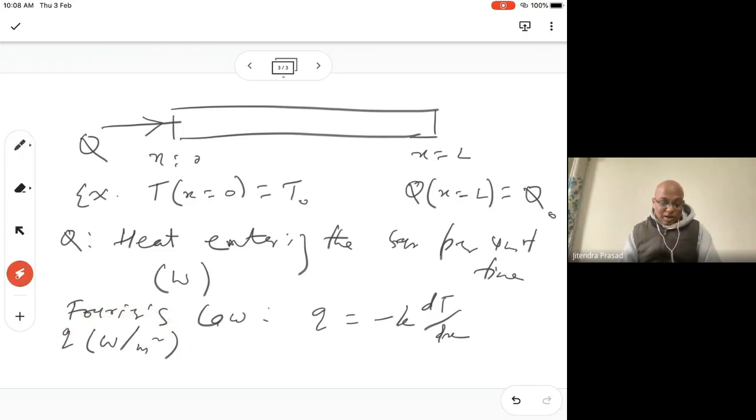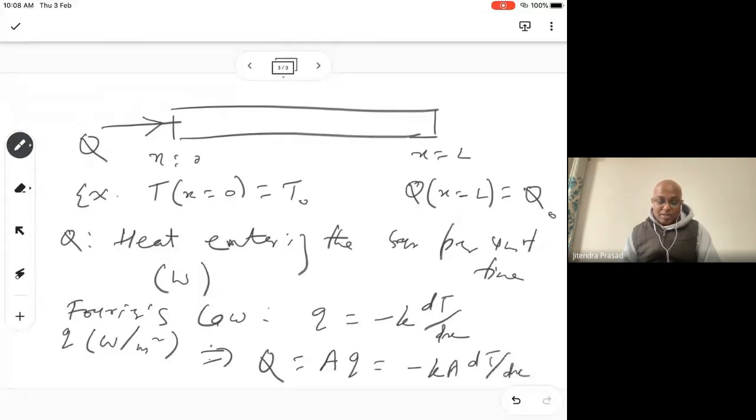And this Q is different. This big Q is actually the area multiplied by this q. So what you are giving is minus K A dT over dx as the big Q. That means you may give the boundary condition in terms of this quantity.